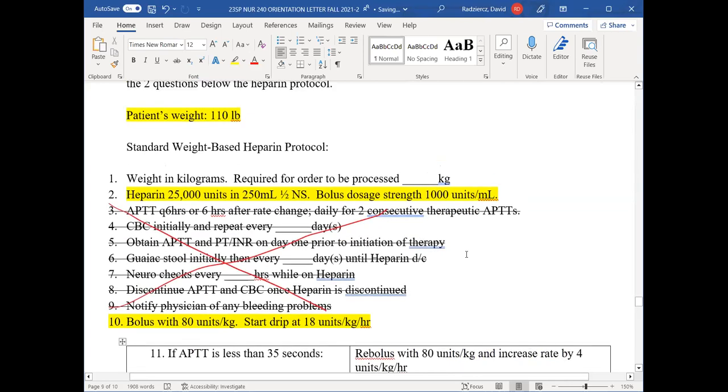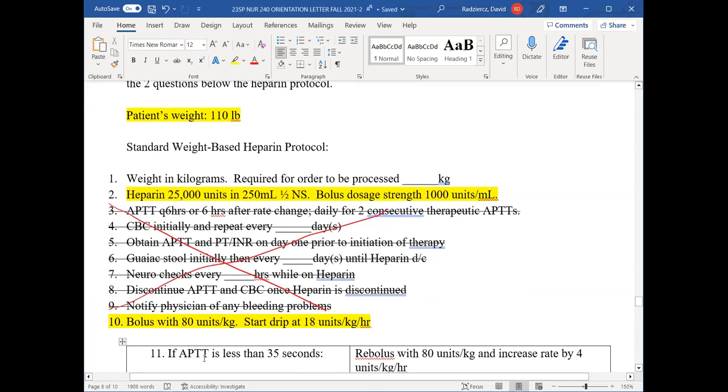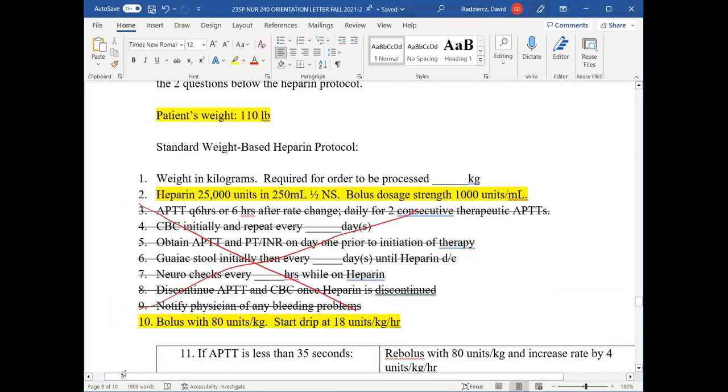You should recall from last year the heparin protocol. It's just a matter of figuring out what is important. What I started doing this semester with prep is this is your available, this is your order, and this is your weight. Let's make the patient's weight a different value, 185 pounds.